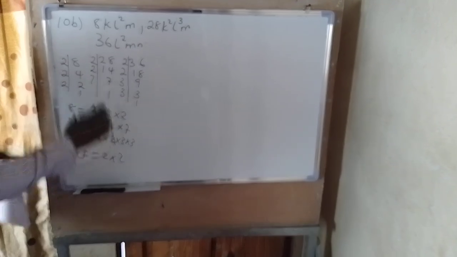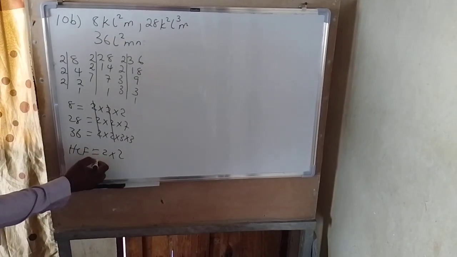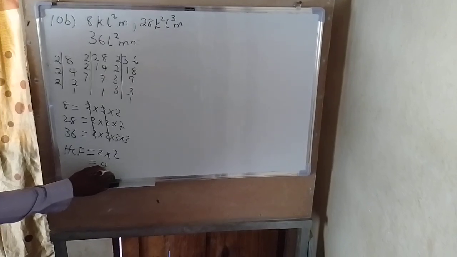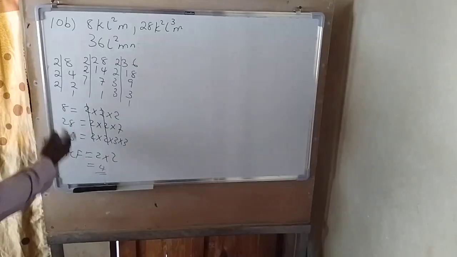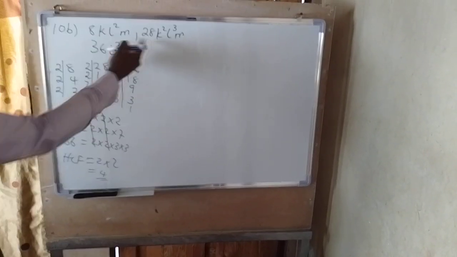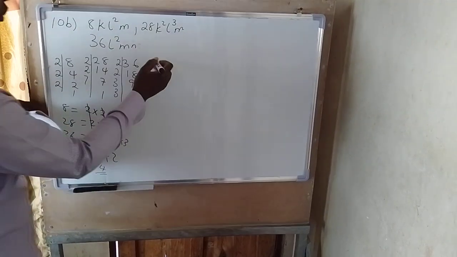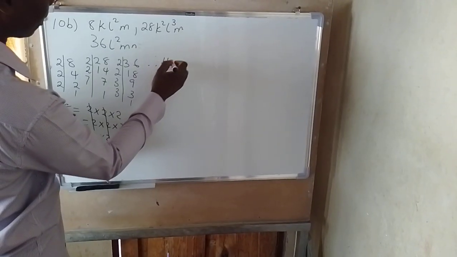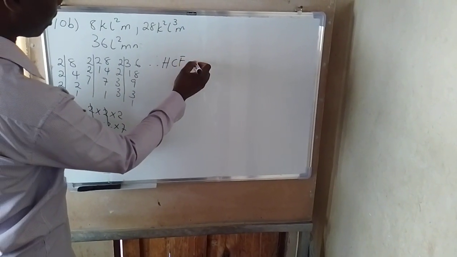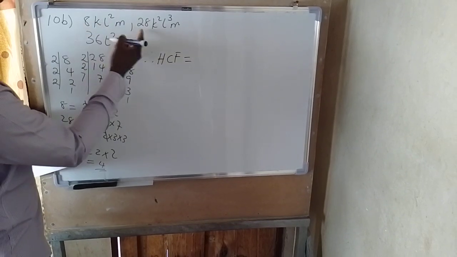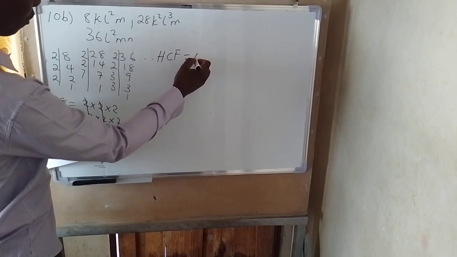We are taking those factors which are common. So this is 4. This is the highest common factor of 8, 28, and 36. So the HCF for these 8, 28, and 36 is 4.